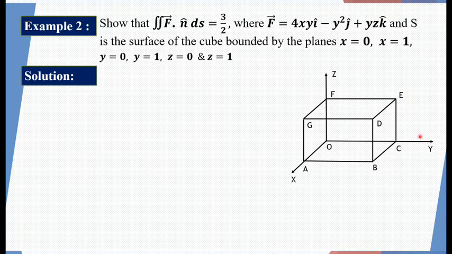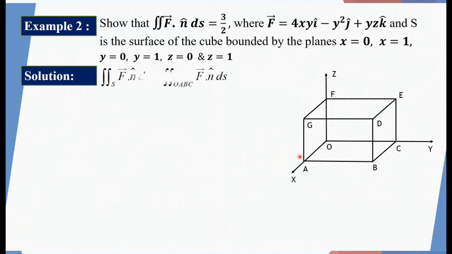E lies in the YZ plane, so the coordinates of E are 0 1 1, and similarly G lies in the XZ plane, so the coordinates are, oh sorry, 1 0 1, and D lies in all three planes, so the coordinates for D are 1 1 1. So now see, it has six faces.